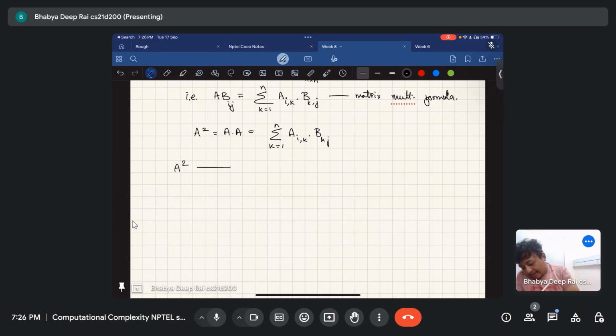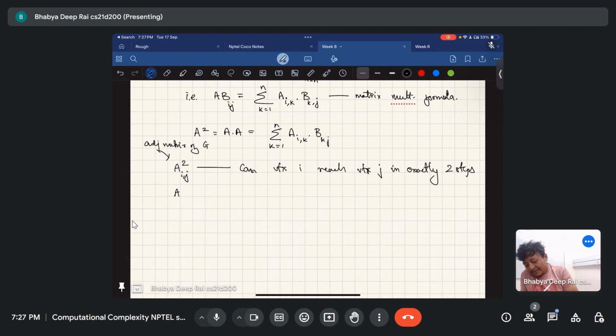A square ij means, if A is thought of as an adjacency matrix of a graph G, can vertex i reach vertex j in exactly two steps, two edges apart.